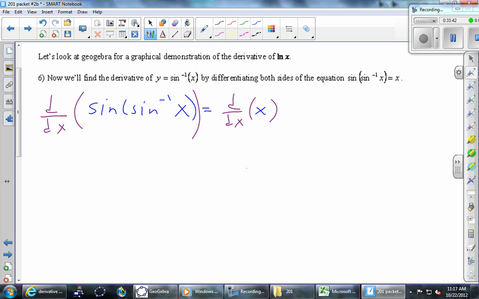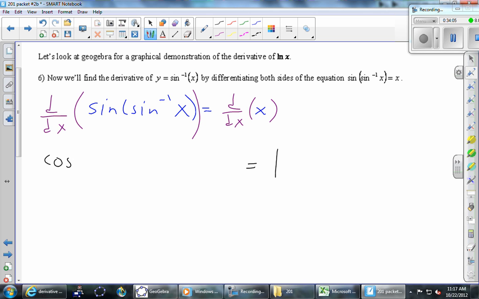Okay, let's start on the right-hand side. That's the derivative of x. Fun. Super. Now let's do the left-hand side. In English, I see sine of some stuff. I don't care about what the stuff is. What's the derivative of sine of stuff? Cosine of the stuff. And then times the derivative of the stuff. So we're doing cosine of the stuff.